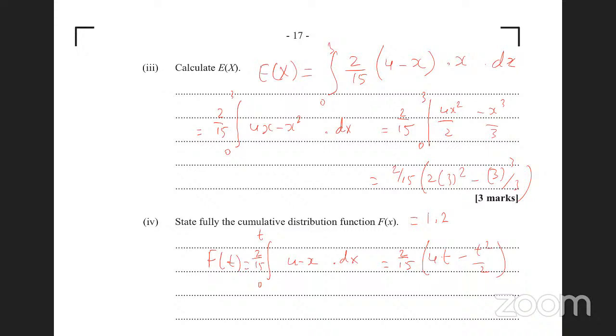But when they say they want the full description, remember, when x is less than 0, the cumulative is 0. When x is between 0 and 3, it will be this function here, 2 on 15 by 4t minus t squared on 2.